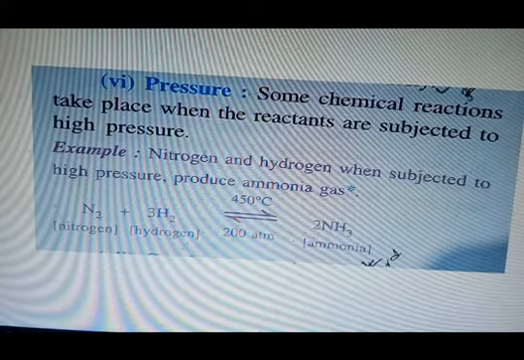And this arrow, which is directed towards both sides, one arrow moving partially towards the product side, and one moving from product side to reactant side, signifies that it is a reversible reaction. That means just reversing the condition, you can get back the original substance. If you reverse the condition, ammonia breaks into nitrogen gas and hydrogen gas.